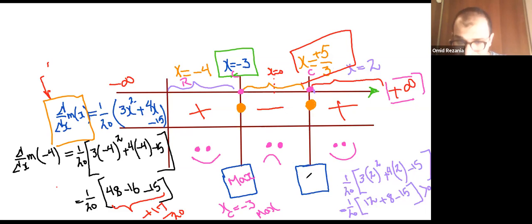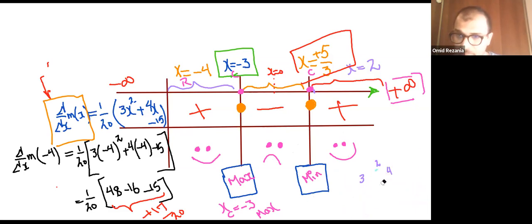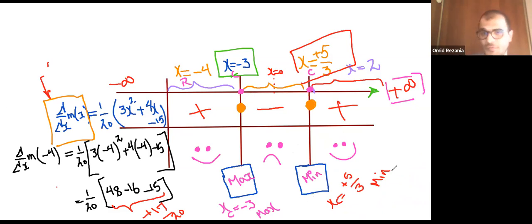Then it means that this critical point should be the minimum one. It was the minimum that you were sad, now suddenly you become happy because you're moving up. Then essentially it means that the critical point +5/3 should be the minimum point in your function.